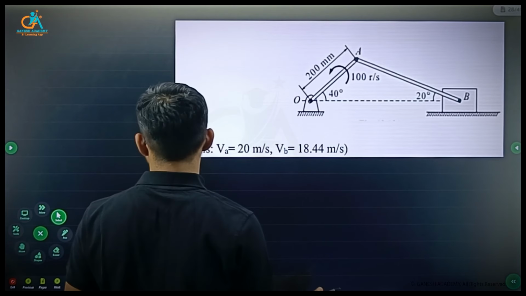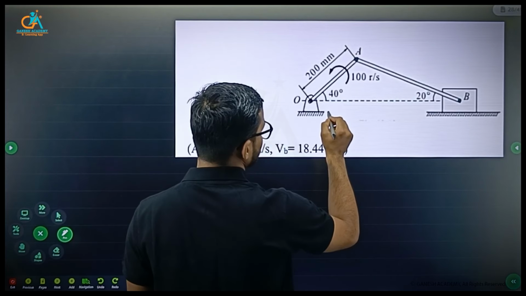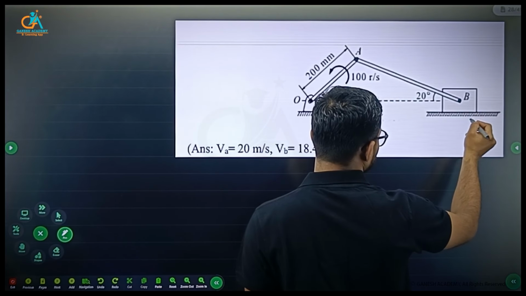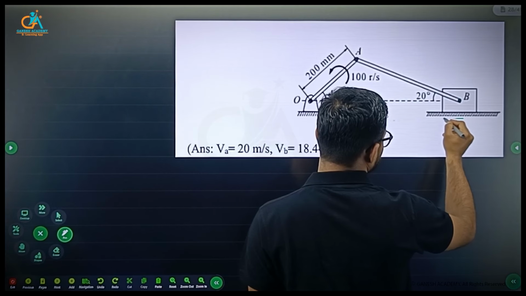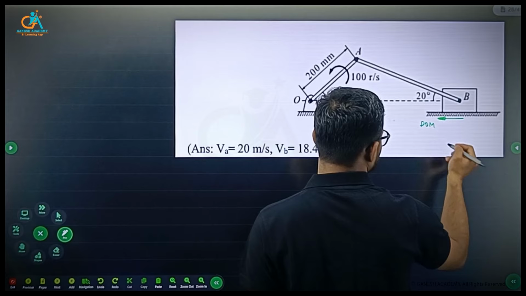So next we have to find the direction of motion. So we have identified this direction of motion, right?